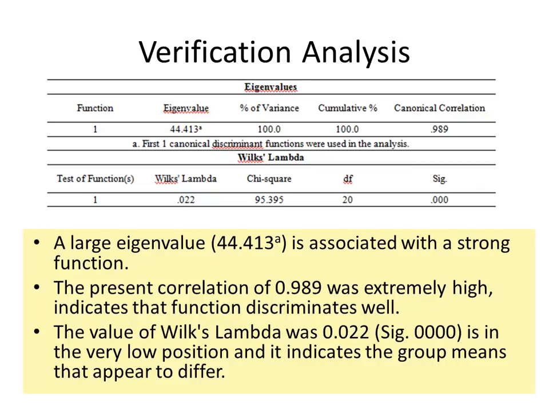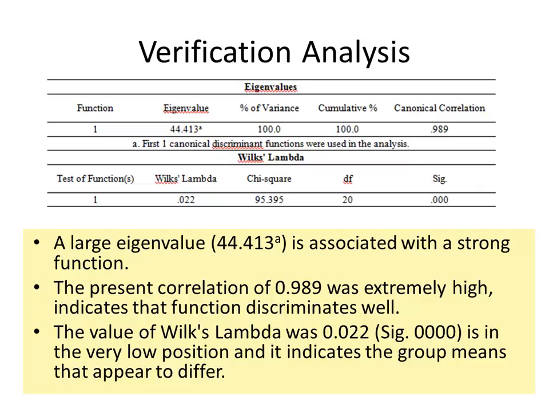A lambda of 1 occurs when observed group means are equal, so all the variance is explained by factors other than differences between means. A small lambda occurs when the within-group variability is small compared to the total variability. A small lambda indicates that the means appear to differ.